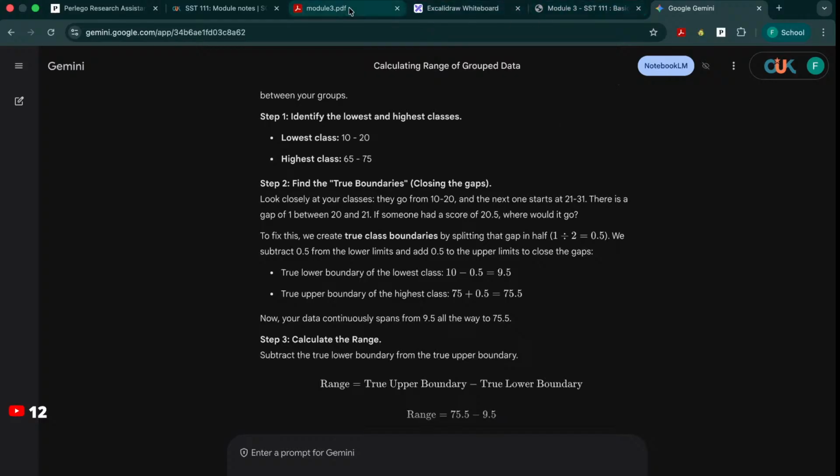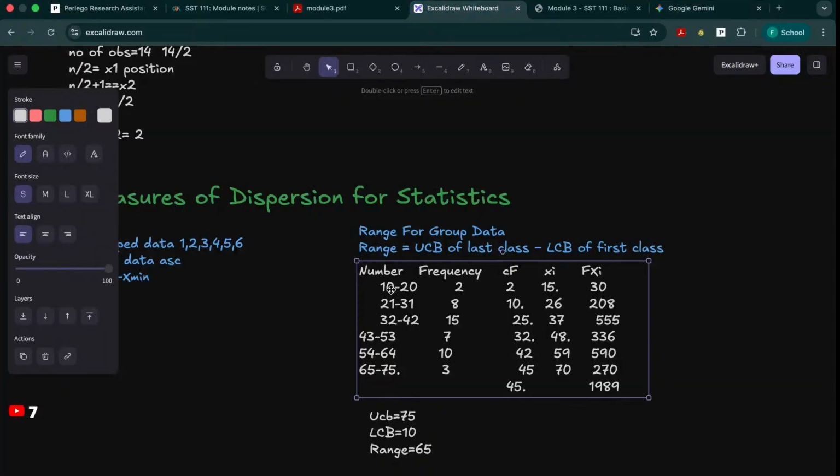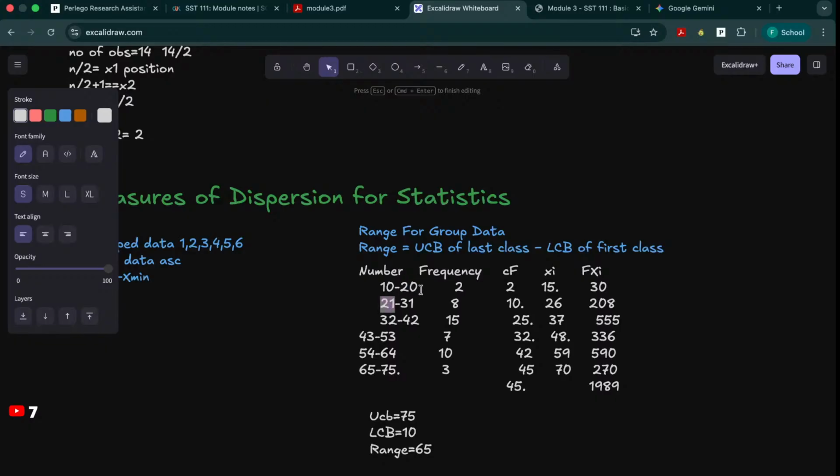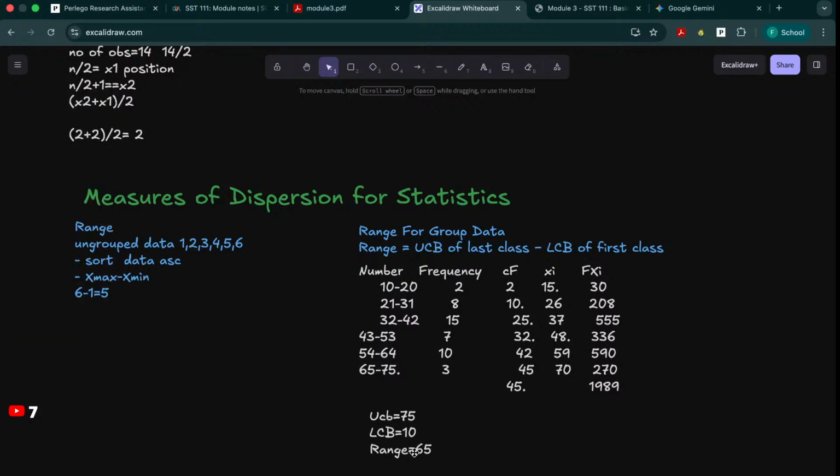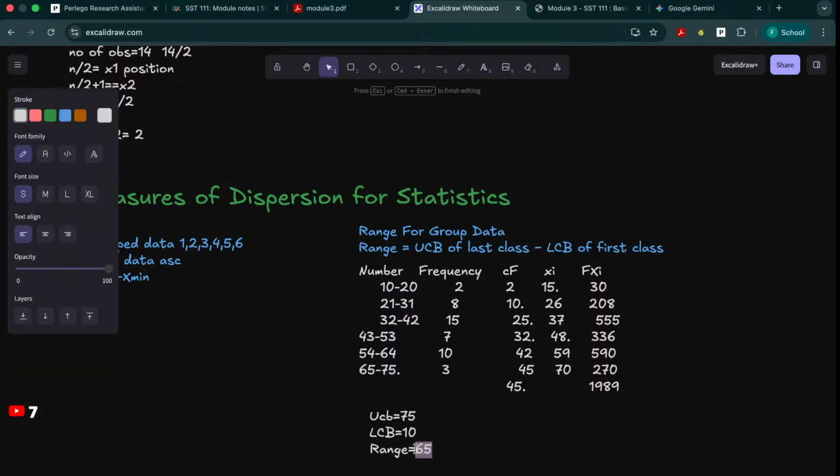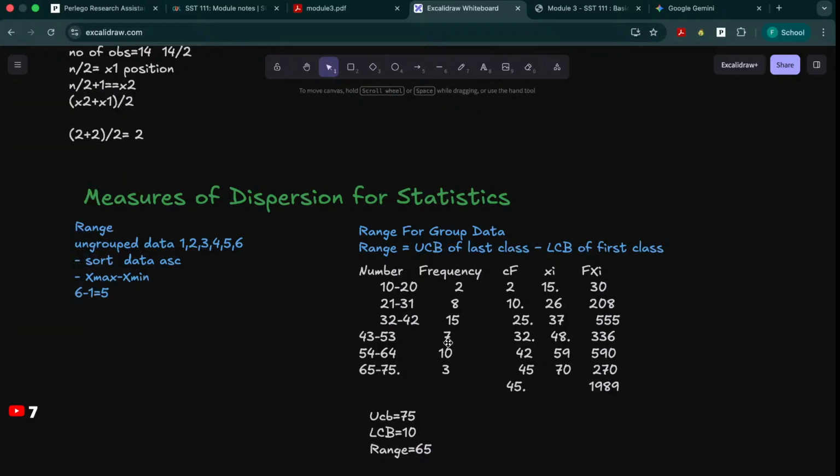So then you identify in your data set if there are gaps. Like here you can see 10 and 21, there is a gap of 1. But if we had 20 and here we also had 20, our range could be 65. But now, because there is a gap, you must take this gap into consideration.